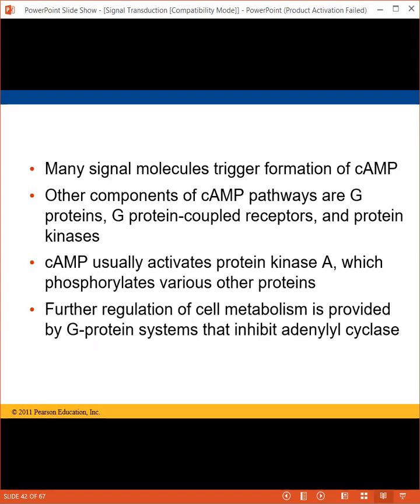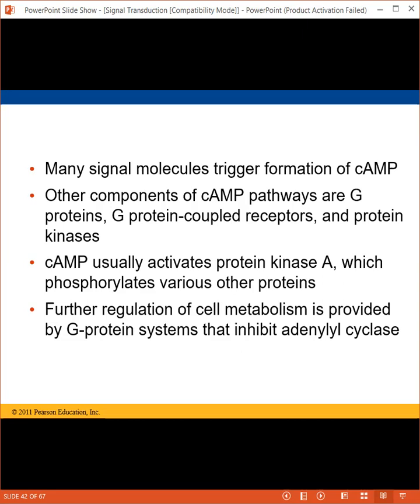So this is an example of that generalized mechanism: cAMP is the second messenger which activates a protein, and that protein's name is protein kinase A. Protein kinase A again can phosphorylate various other proteins.